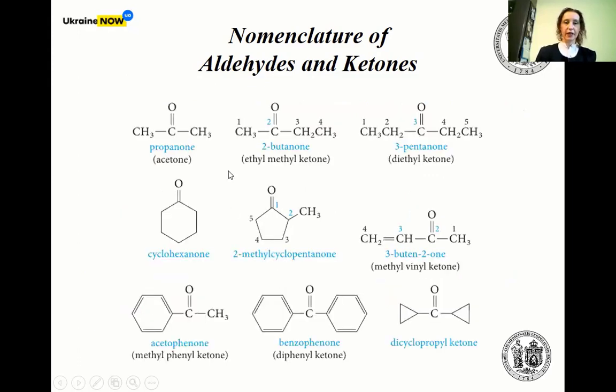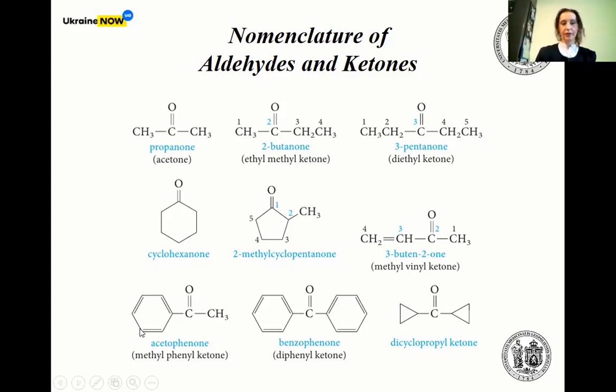For ketones, we have the suffix -one. Propanone, butanone, pentanone, and we mark the position of this carbonylic group. Here is an example with cyclohexanone. Here, the carbonylic group has priority over the methyl group, the alkyl substituent, and the double bond. And if we have such a molecule, we can name it as a derivative of propane.